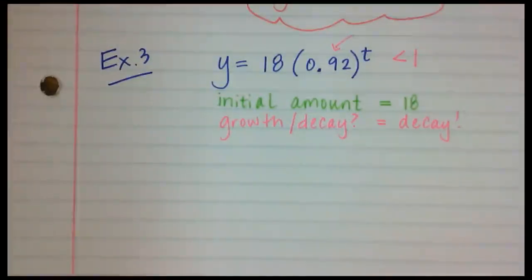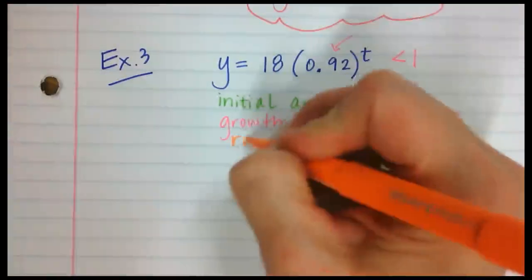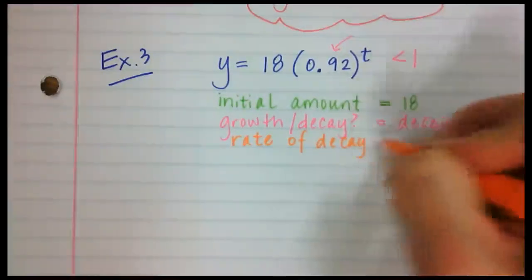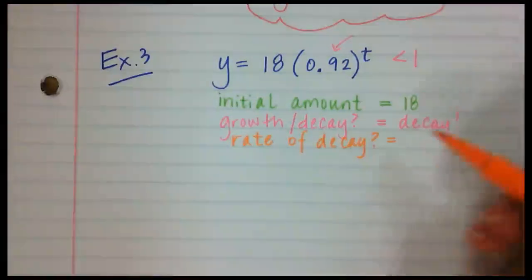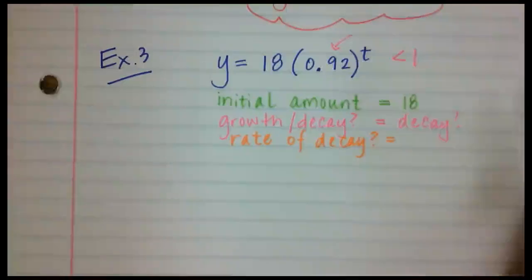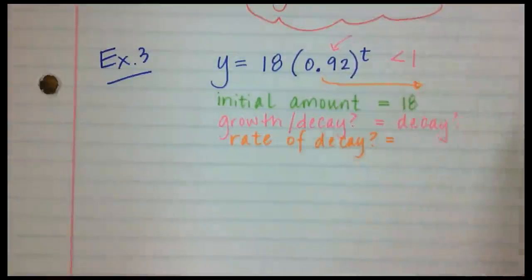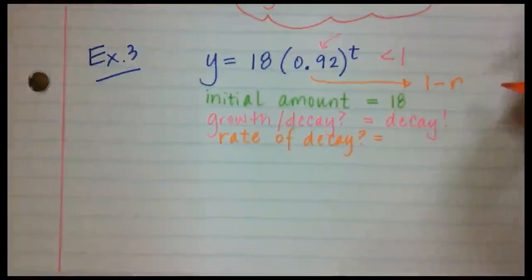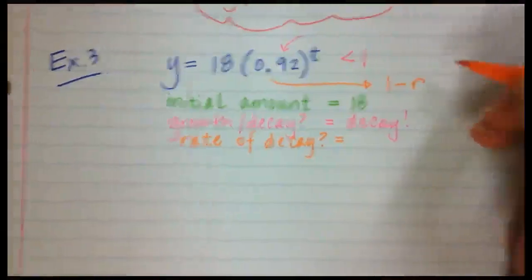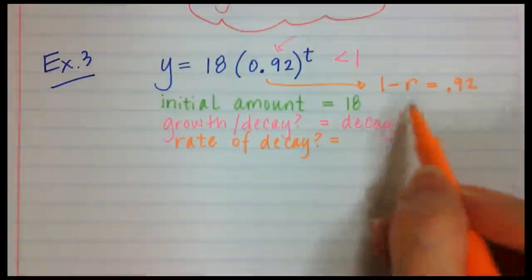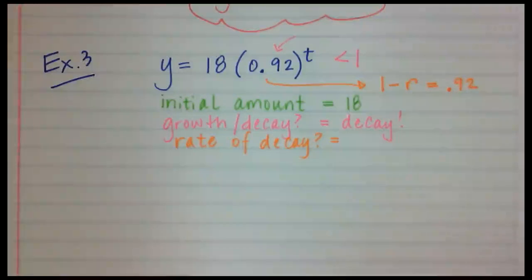All right. Now, let's say I asked you what is the rate of decay. Well, if this is 0.92, that right there is 1 minus r. So if 1 minus r is equal to 0.92, then how much has decayed away?